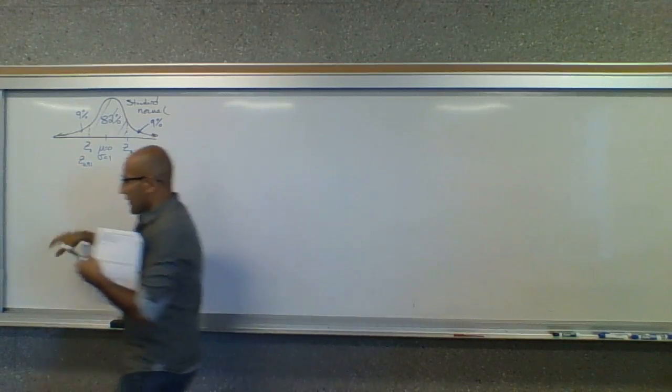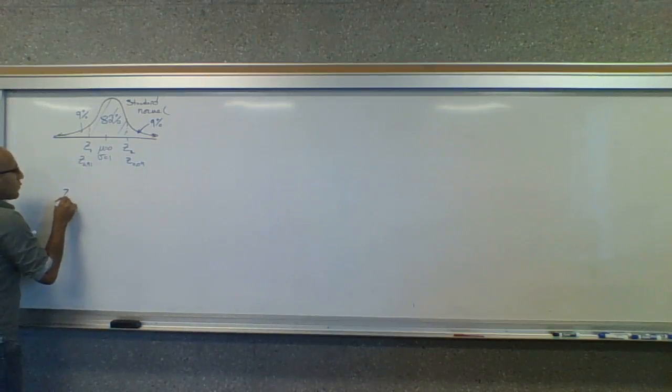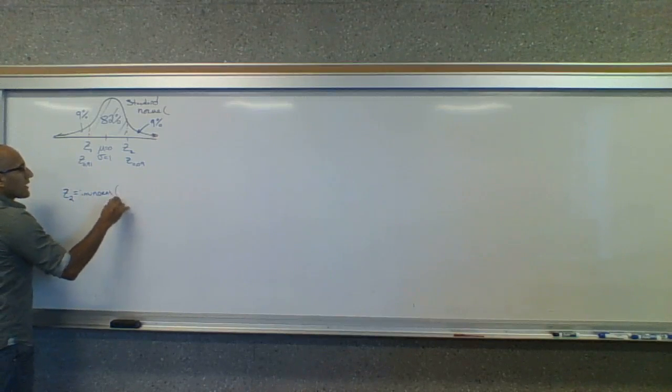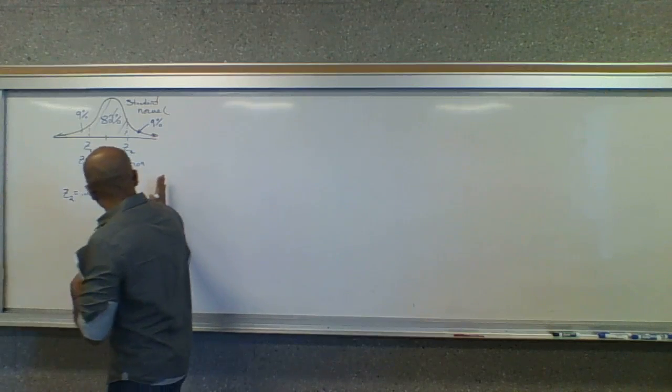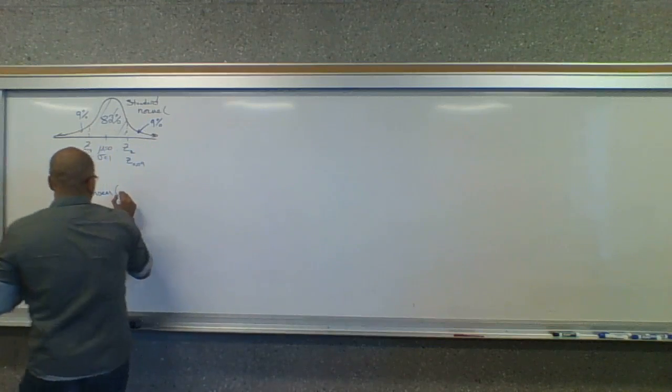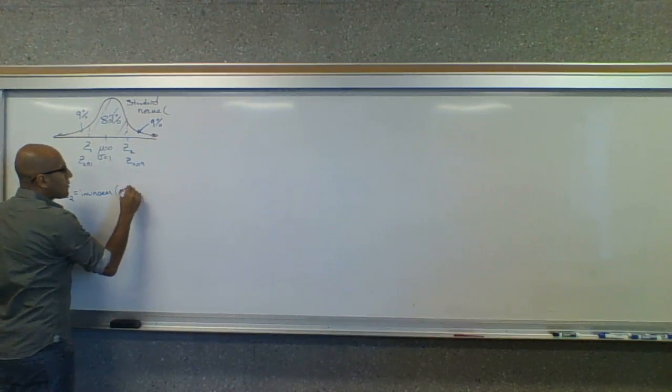So z sub 2 is equal to inverse norm. Now remember, the calculator always cares about the area to the left. So to the left we would find inverse norm of 0.91 comma 0 comma 1. And so what do we get with that?